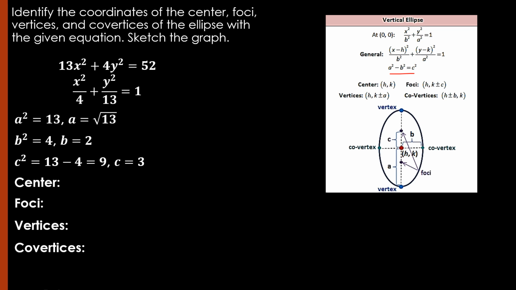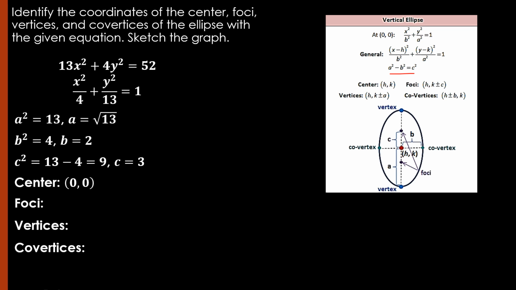Since we have the values of a, b, and c, we can now find the coordinates for the foci, vertices, and co-vertices. And with this form of the standard equation of the ellipse, we can say that its center is at the origin or 0, 0. So we have 0, 0 there.